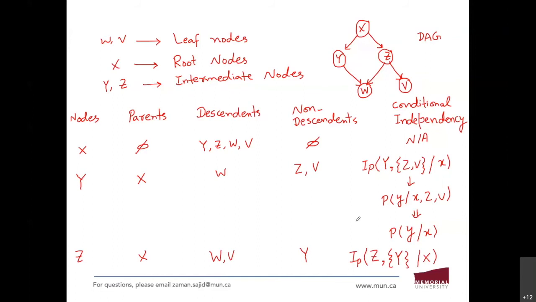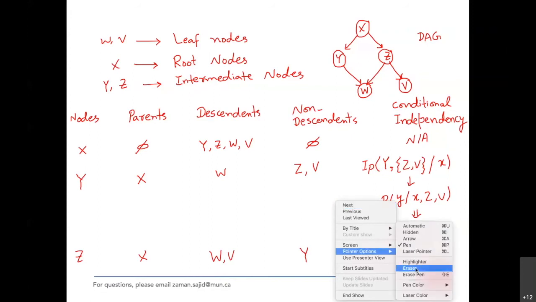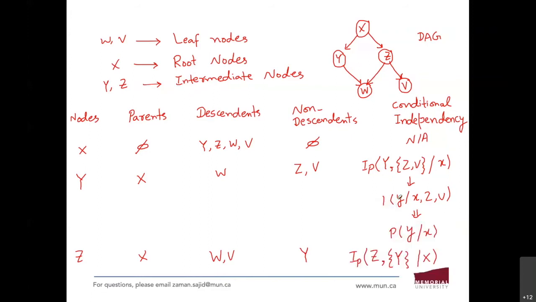Instead of going to the next slide, if you allow me, I can delete this. So let's find out for W now. W has two parents, Y and Z here.